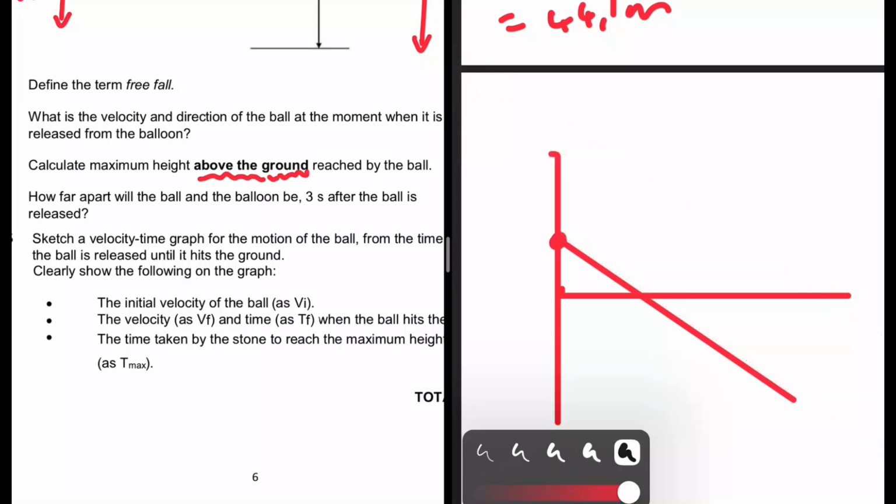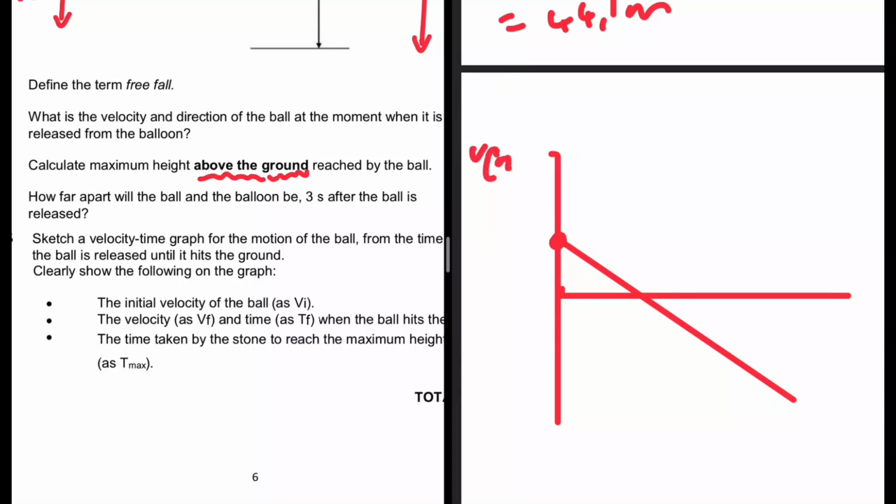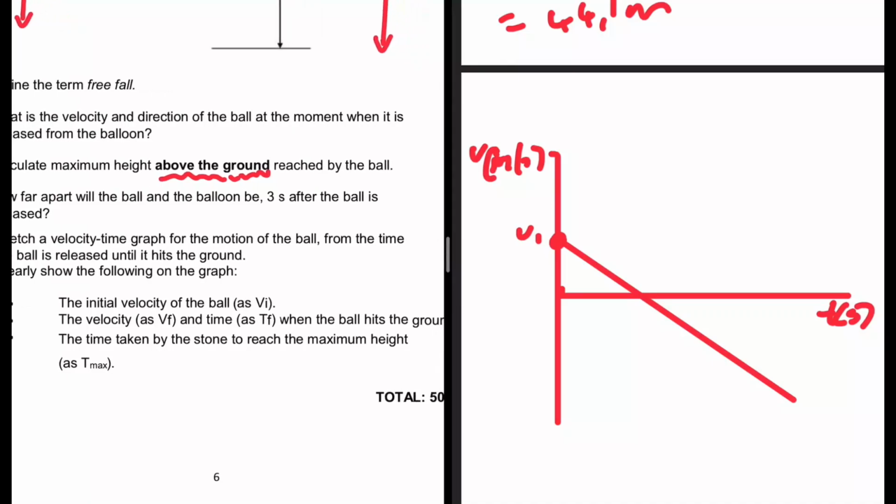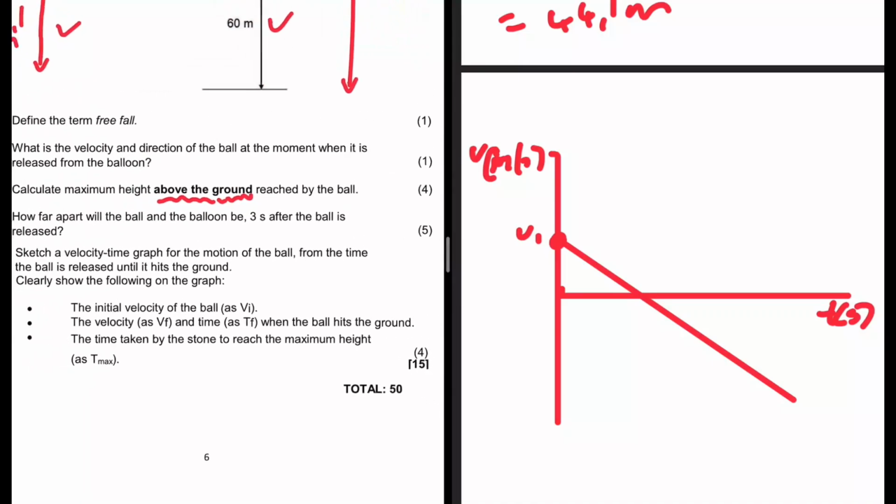So what are we supposed to indicate? Well, first V in meters per second, because if you don't label your axis, I don't know what that thing is. Is it a graph? I don't know what's going on. So this is Vi, the velocity as Vf, and time as Tf when the ball strikes the ground.